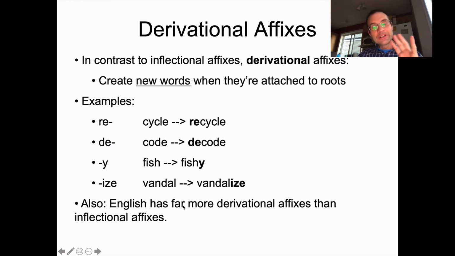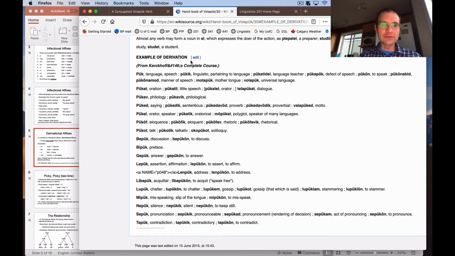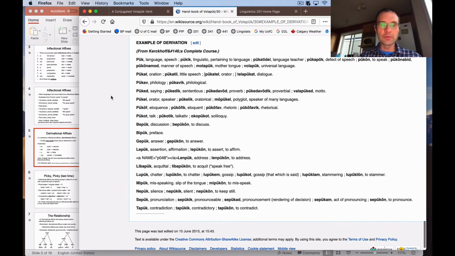English, which has just a small set of inflectional affixes, has far more derivational affixes. So when you want to learn English, you have to learn all of those. You're a bit lucky with that, though, in terms of the fact that they have a clear meaning, but there's just a larger arbitrary set of them. And to be fair, I will show you briefly some examples of derivations in Volapük.